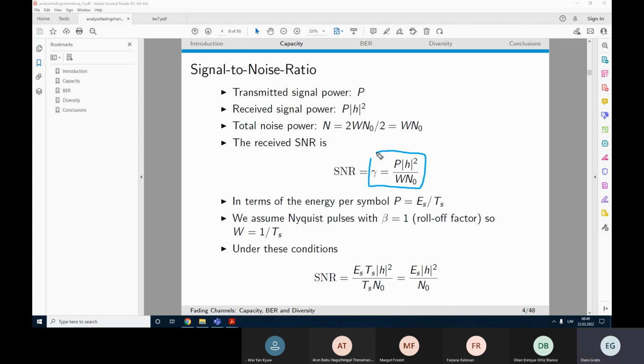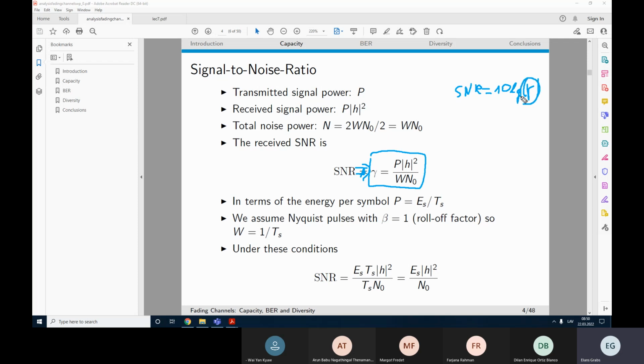We specify this in decibels, so actually it's not really equal here, but it can be converted. It's a more correct approach to say that SNR is 10 times the logarithm of gamma. Gamma here is used for the signal-to-noise ratio as the power ratio in linear scale, not decibel, not logarithmic scale. We have used this in decibels.